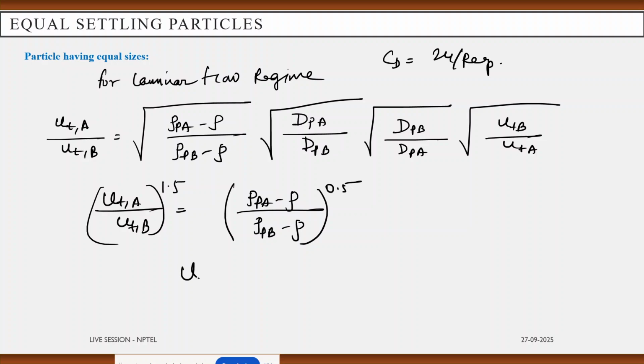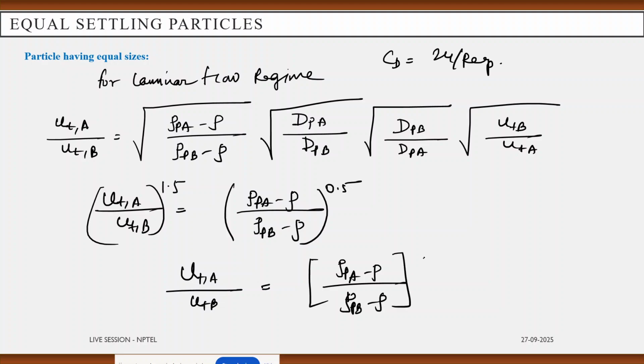So ultimately we got a value, after solving this, one third.